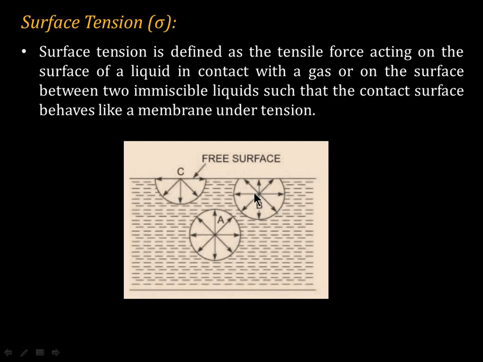We can see that the downward forces are more dominant as compared to the upward forces because of the position of molecule B near the free surface. Thus, the net resultant force on molecule B acts in the downward direction.